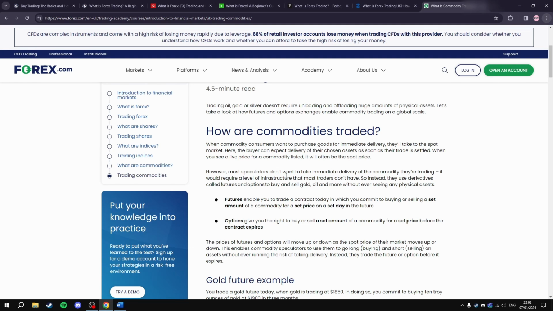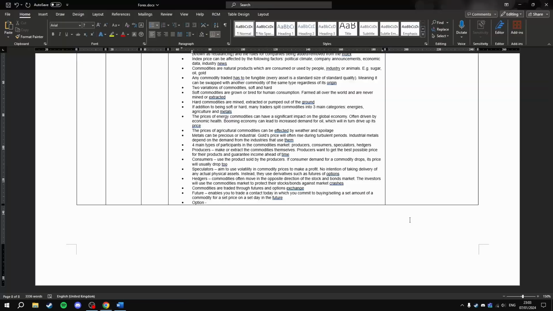So the future is basically done on a set day, so it's already decided, whereas an option is like a deadline where you're allowed to buy or sell a certain amount for a set price before the deadline expires.